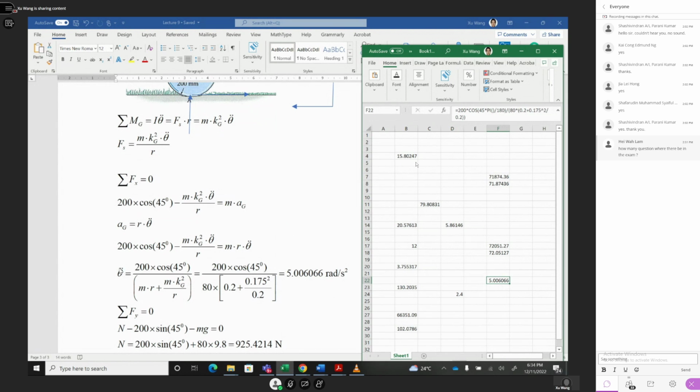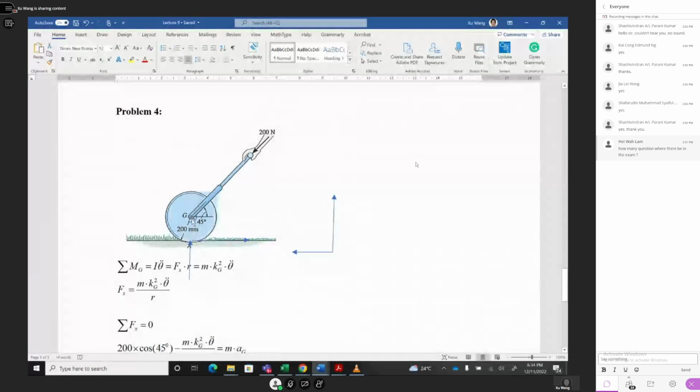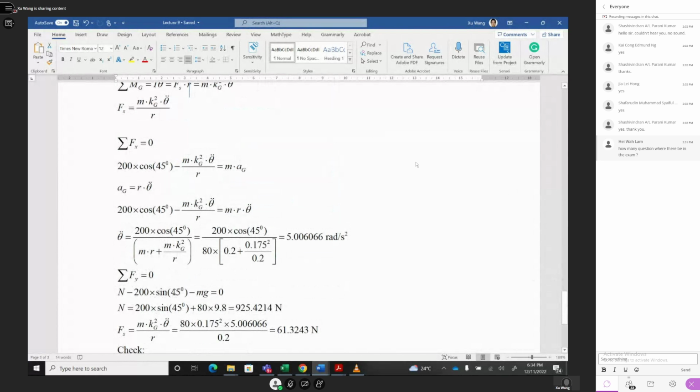After you get theta double dot, you have already started: sigma Fx equals 0, sigma M equals the left side. The other is vertical: sigma Fy equals 0. Y is the reaction force N minus the projection of the 200 force on the vertical direction, which is 200 cosine 45, minus 200 cosine 45.